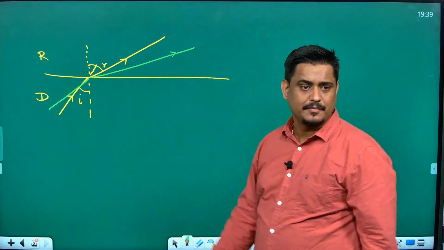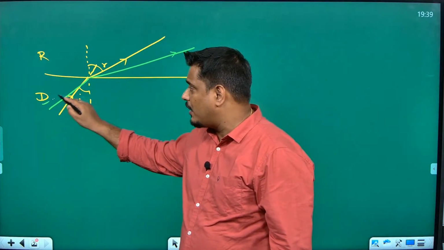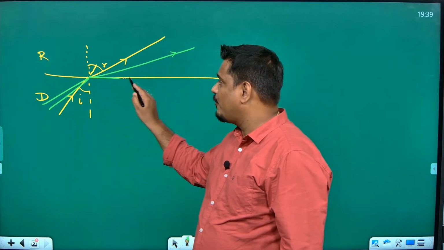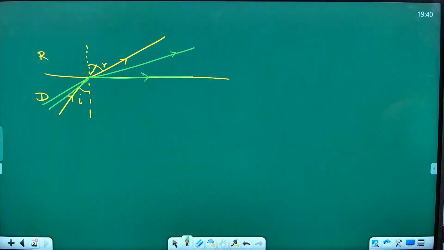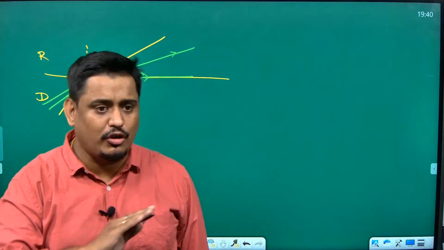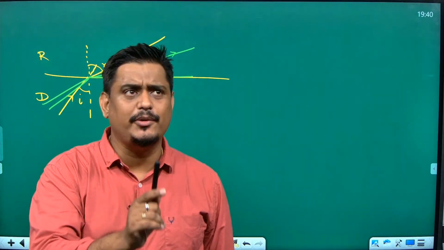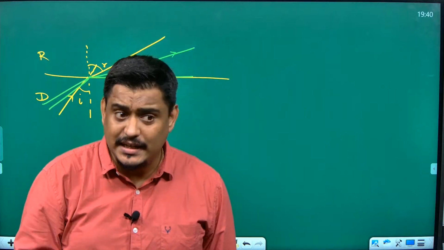Do you agree with me? And for a particular value of angle of incidence, the angle of refraction may become 90 degree. As the angle of incidence is increased, angle of refraction also increases. For a particular value of angle of incidence, angle of refraction becomes 90 degree.